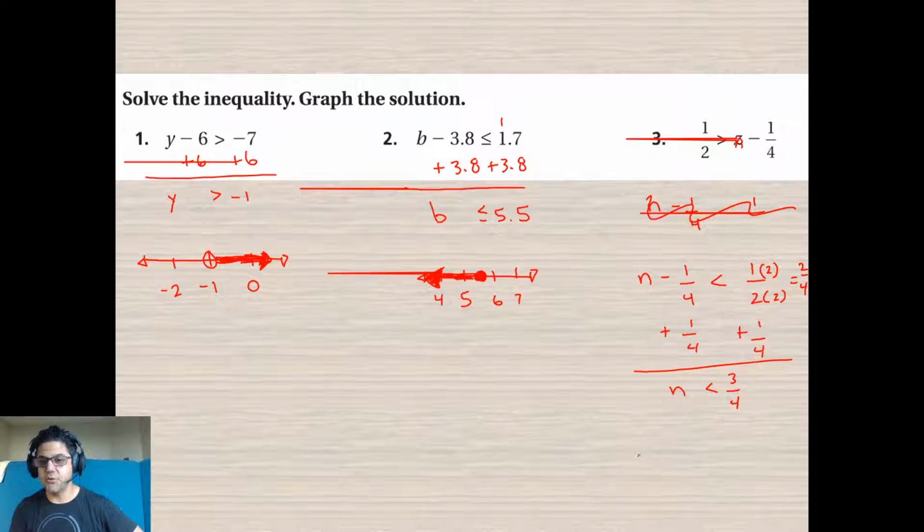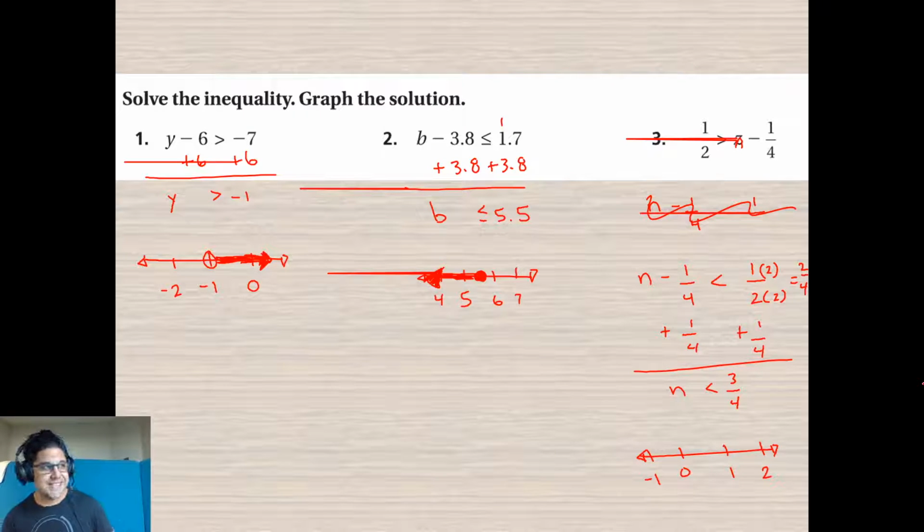And if you were to graph that, that would be in between 0 and 1. Because 3/4 is really 75 cents, which means your open dot's going to be a little bit closer to the 1. If you put it in the middle, then that means you think it's a half. But it's not a half, it's 3/4.